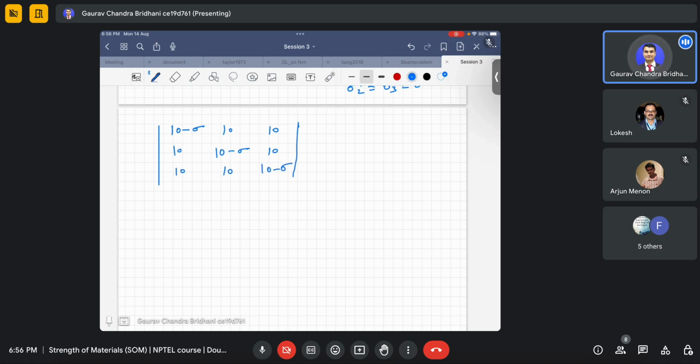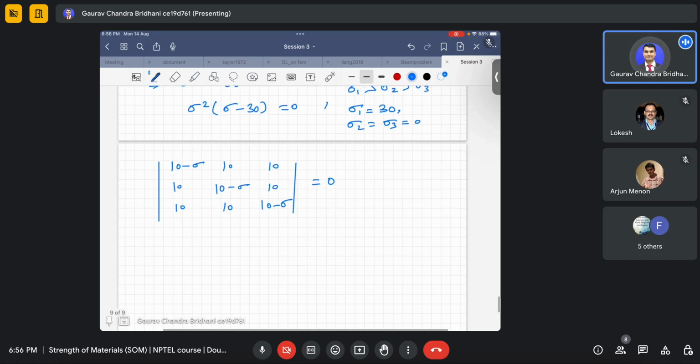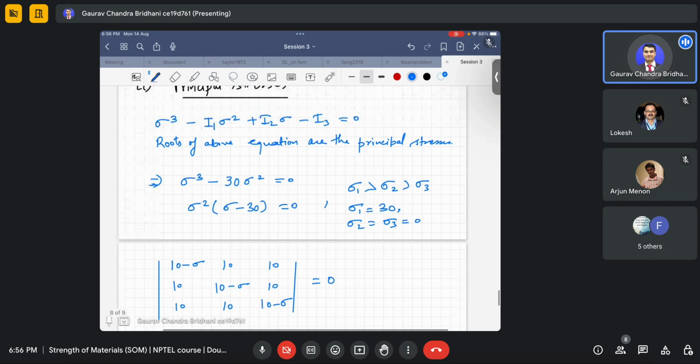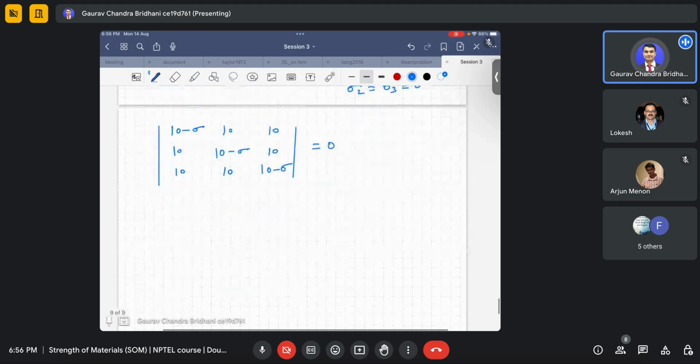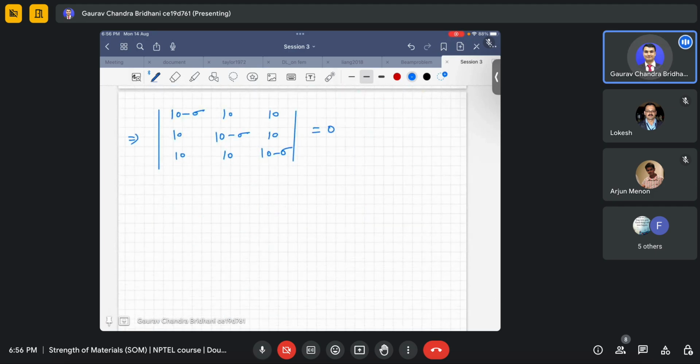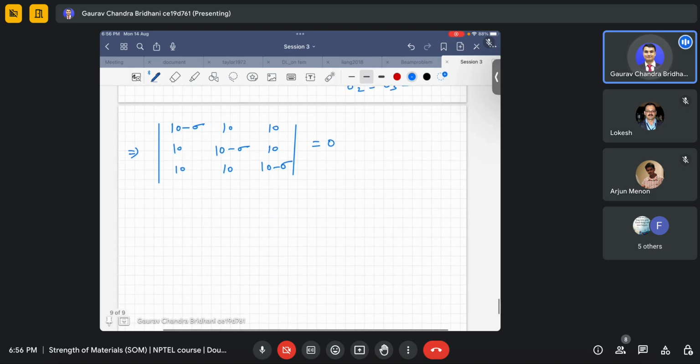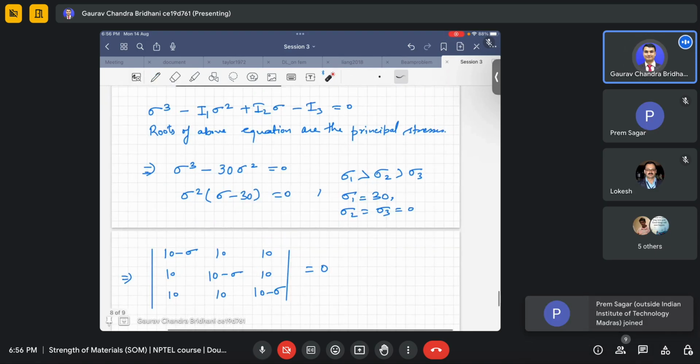I need to find the determinant of this matrix and put it equal to 0, and at the end we'll find the same equation.